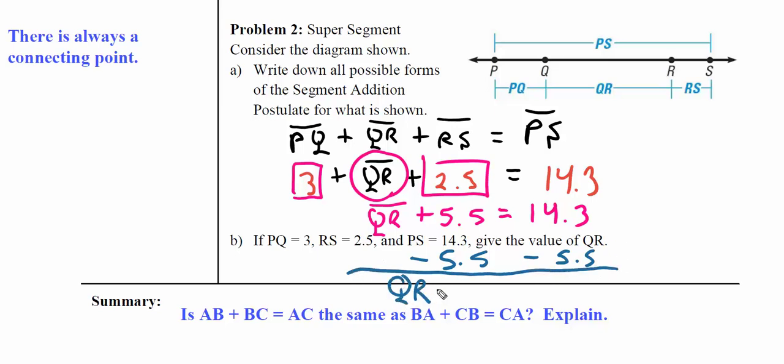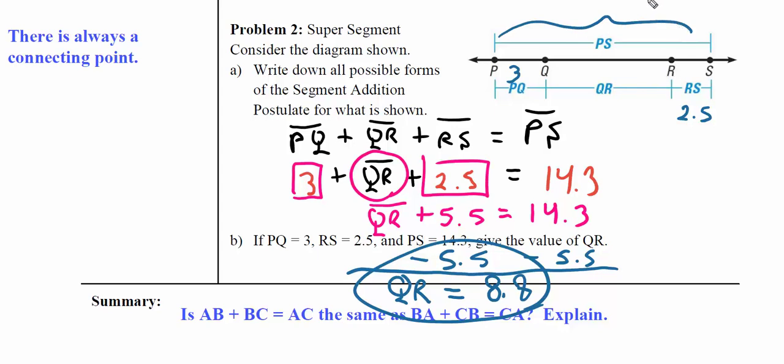And I get QR equals 8.8. So if PQ were 3 and RS is 2.5, and this whole entire thing was 14.3, then QR would have to be 8.8. I can leave that to you to confirm and double check, but if you were to add this number to this number to this number, you should get 14.3.